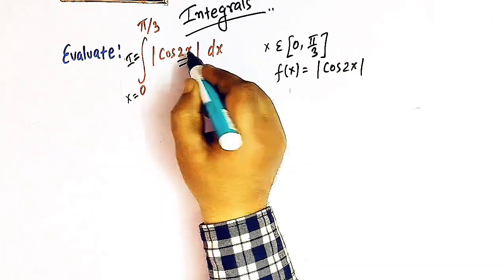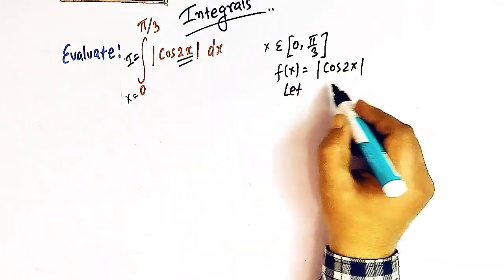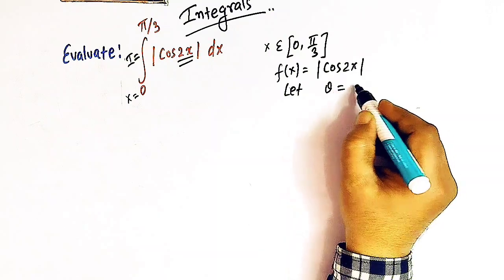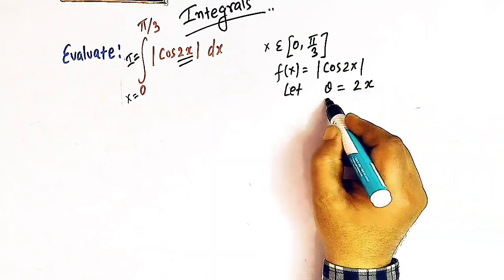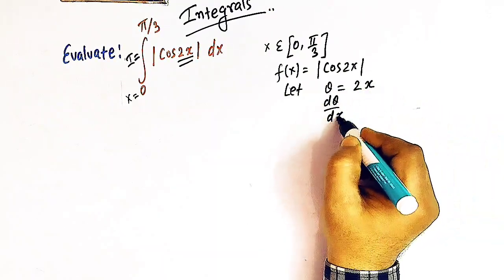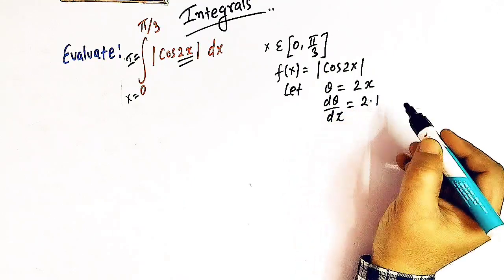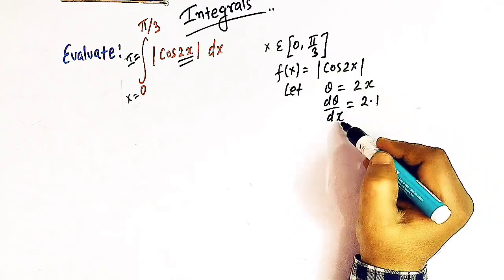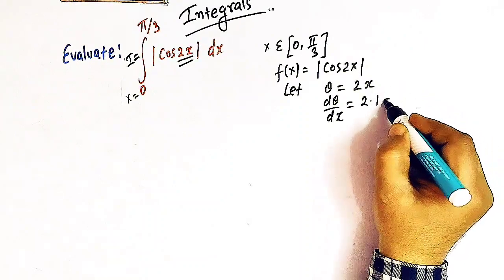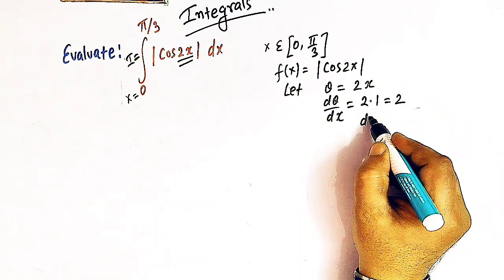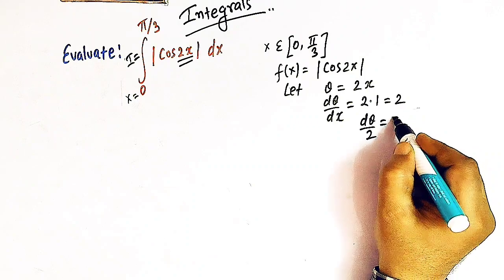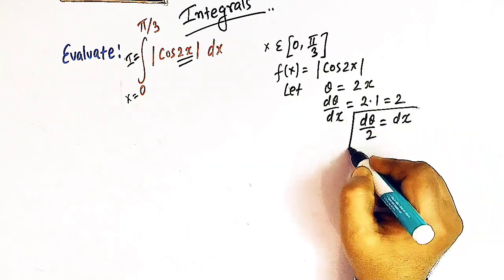So here we have cos of 2x. So let us substitute theta is equal to 2x, so that d theta over dx is equal to 2 times 1, because the derivative of x with respect to x is 1. So here we have 2. So d theta over 2 is equal to dx.